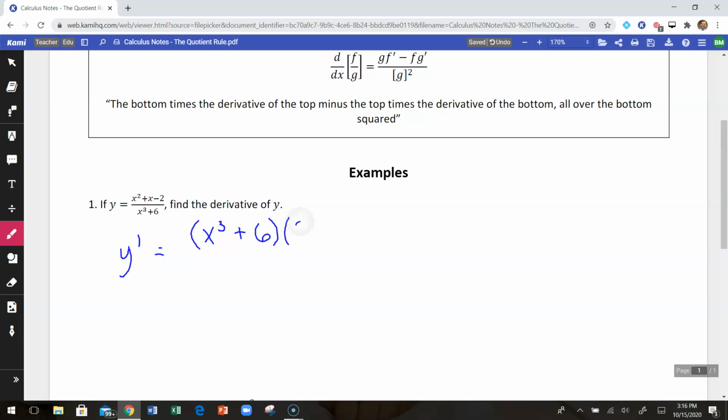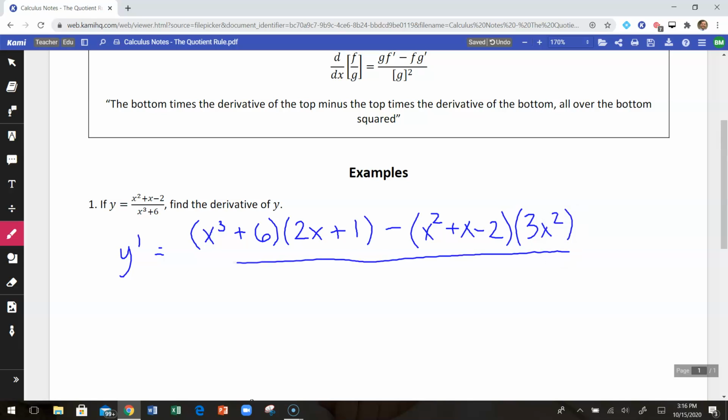The derivative of x squared is 2x. The derivative of x is 1. The constant goes away. Minus the top times the derivative of the bottom. The derivative of x cubed is 3x squared, and the 6 will go away. All over the bottom squared.